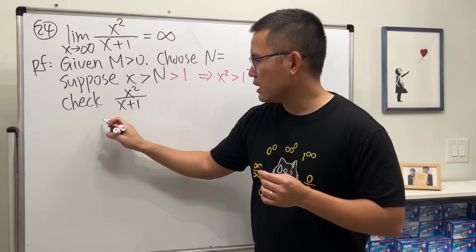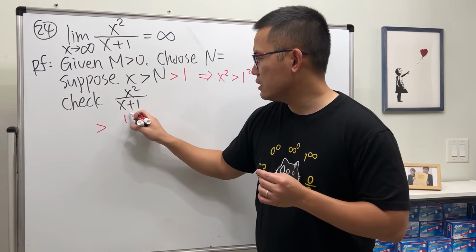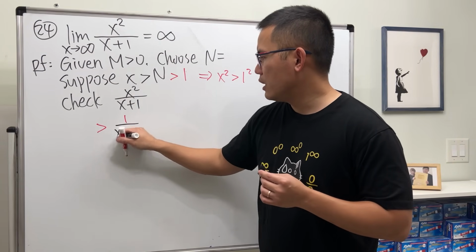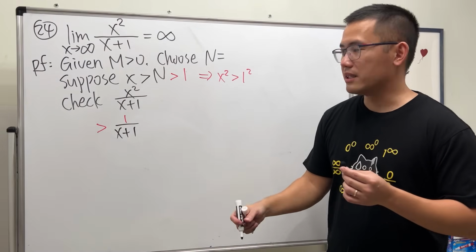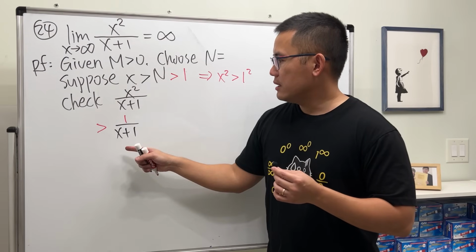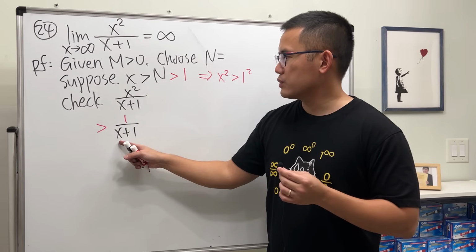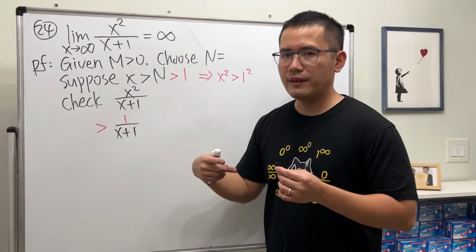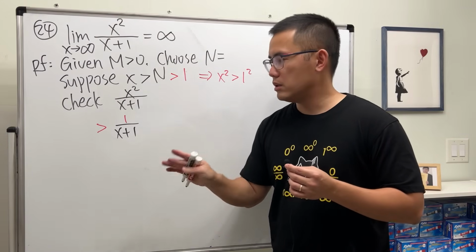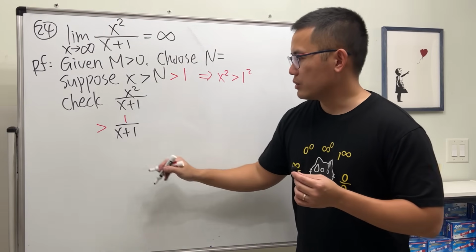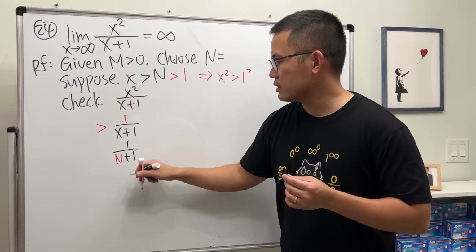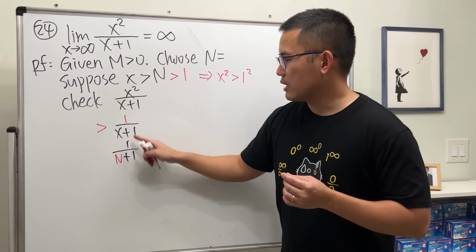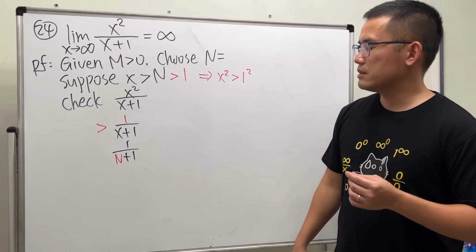So can we say that's greater than 1 over x plus 1? Yes, but the thing is that if you replace this x with n, then again the inequality will be fighting. No. So you cannot draw the conclusion that we want between this and that. This is actually smaller than that, so no.